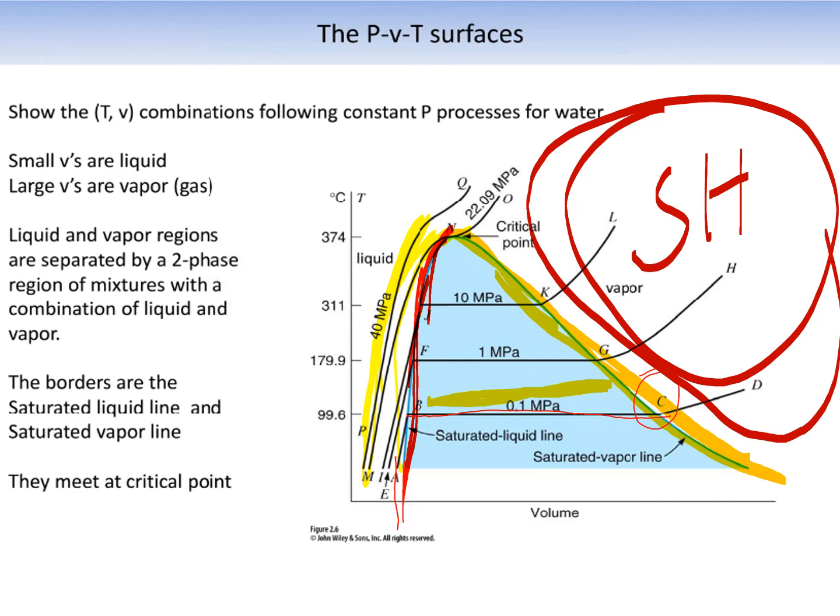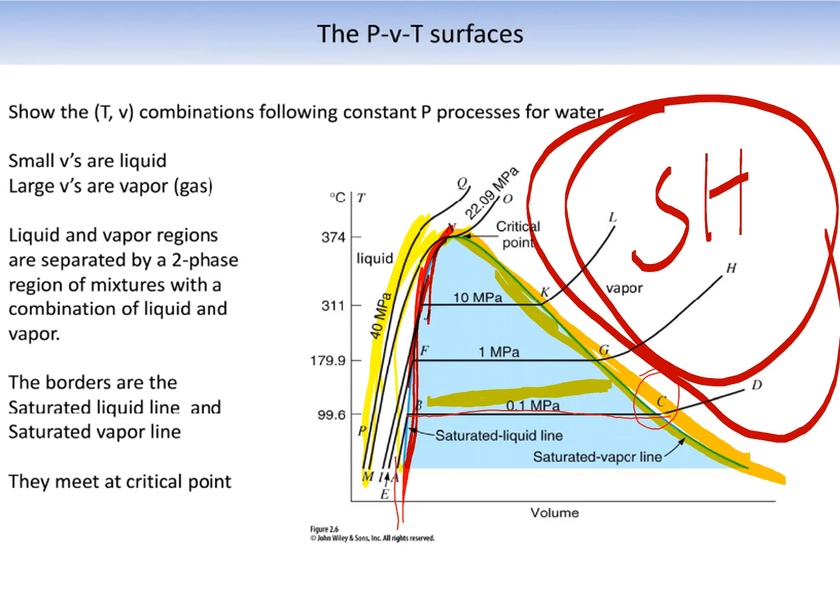So there are five different regions shown on this graph. First is compressed liquid, then saturated liquid, then liquid plus vapor, then saturated vapors, and then superheated vapors. After the moment at which all of the liquid molecules turn into vapors, it is called saturated vapors.